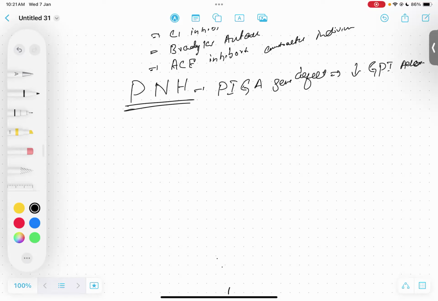There are two different types of proteins: DAF, which is called CD55, and CD59. These are usually anchored by this GPI anchor, and that is produced through this gene.